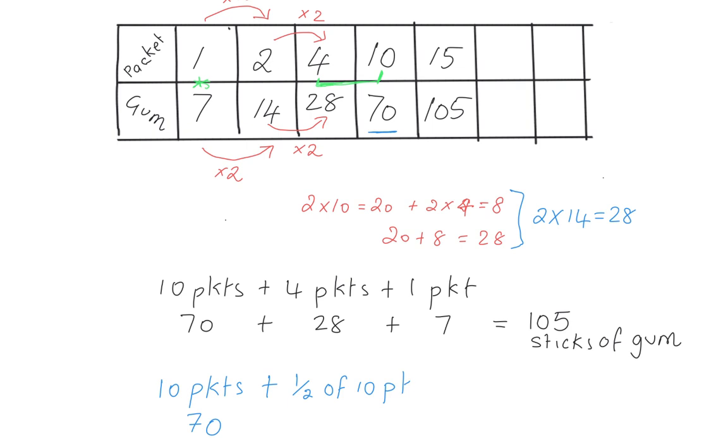If we had 70, we want to know what's half of 70. That gives us 35, which is 105 sticks of gum again. Now you can spend some time working out how to halve 70, and that would be a really worthwhile thing to do. You might even park that and come back to it at another time and explore the strategies they use for halving that number.